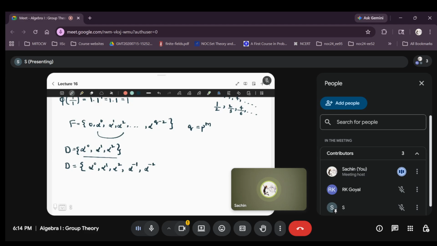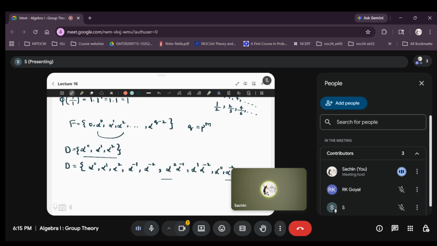But then closure also has to be satisfied. So you try to include alpha square into alpha inverse, alpha power 1 into alpha power minus 2, alpha power 0 into alpha power minus 2. So you try to include all elements of this form. And you keep doing this process.